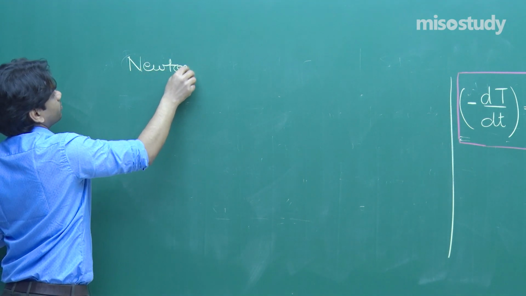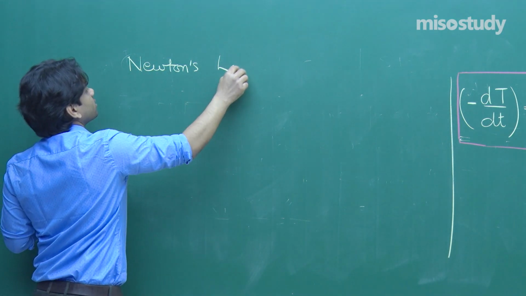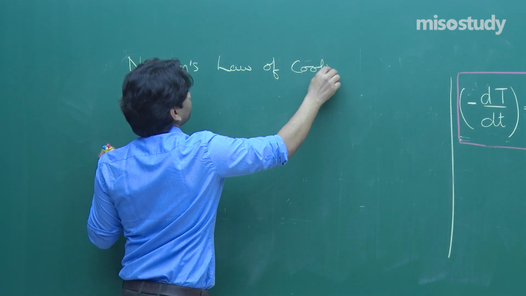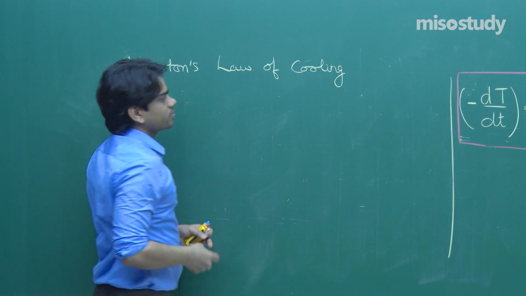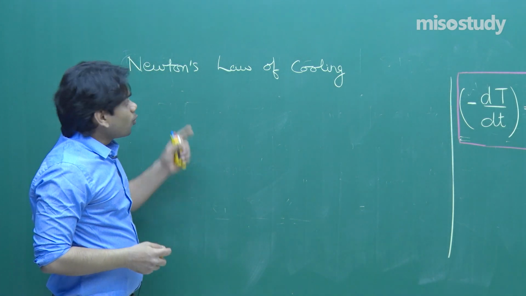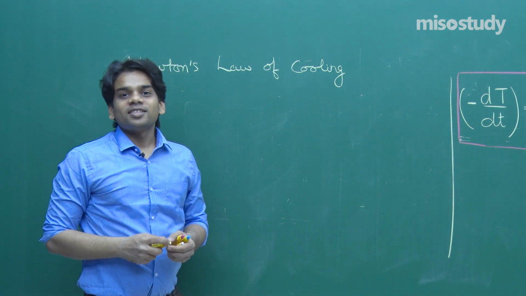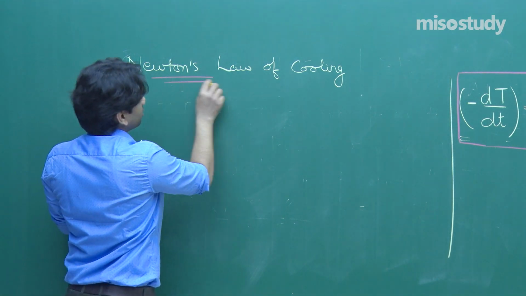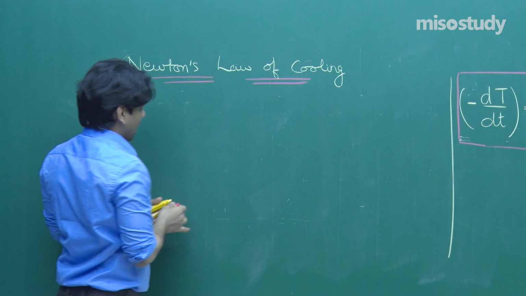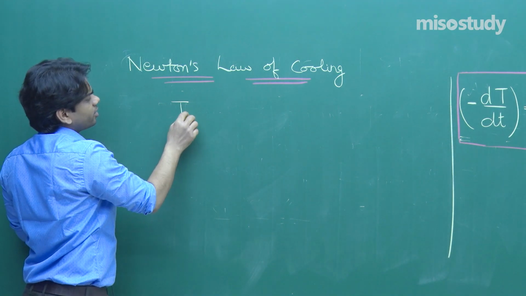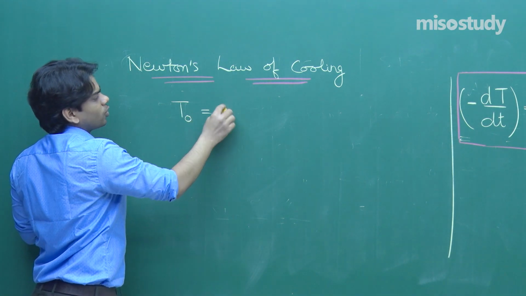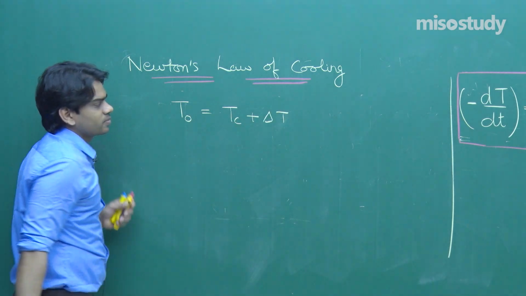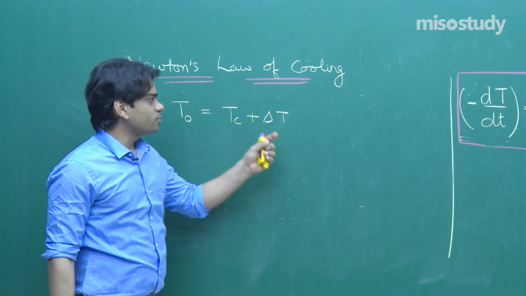Newton's law of cooling. What does Newton's law of cooling state? If the difference in temperature of the body and the surrounding is small, that is, if I write T naught is equal to Tc plus delta T, there is a very small difference between T naught and Tc.